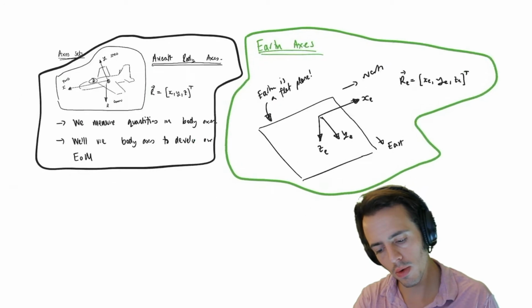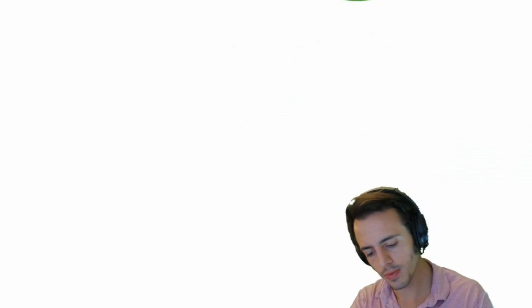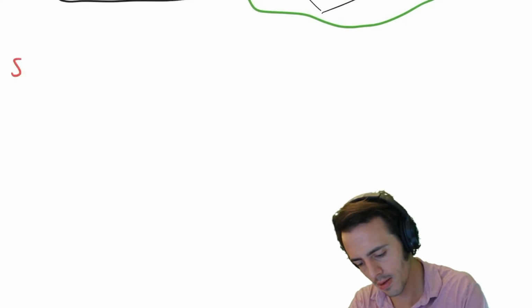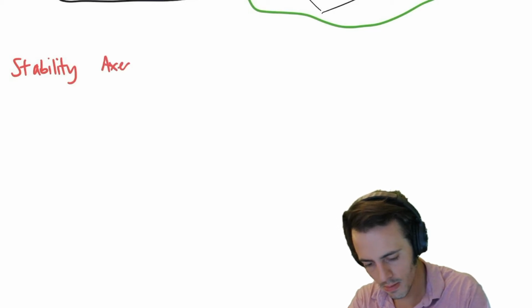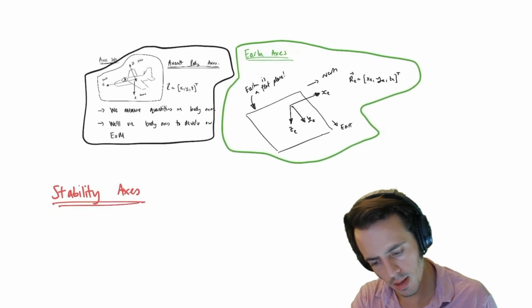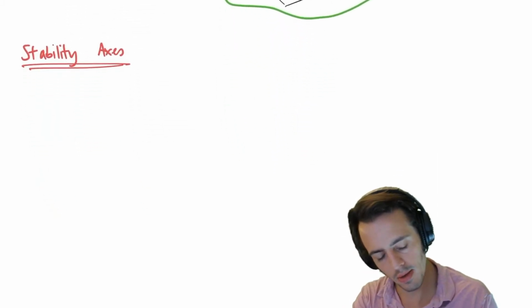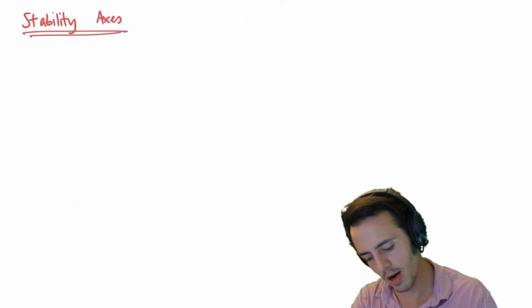Here's one more that we're going to use. There's two more we're going to talk about, one more we're going to use. We've got stability axes. I'll do my best to draw this one. So let's try and draw another aircraft.